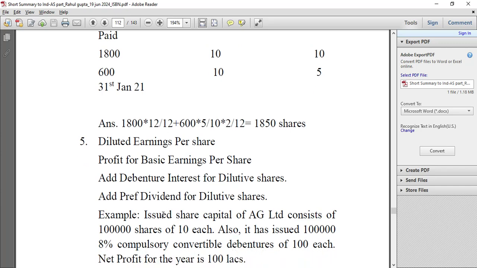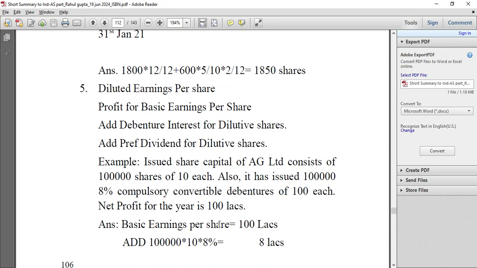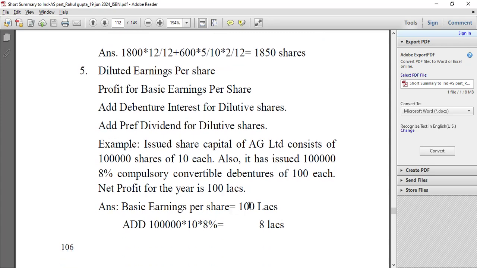Example: issued share capital of AG Limited consists of 1 lakh shares of rupees 10 each. Also, it has issued 1 lakh 8% compulsory convertible debentures of rupees 100 each. Net profit for the year is 100 lakhs. Basic earnings per share numerator is 100 lakhs.